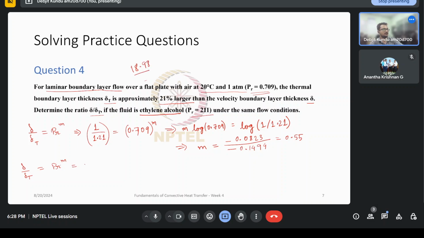We'll take a look at that. So I have 211 to the power 0.55. If it was 0.5, it would be square root, so roughly square root of 200. Yeah, so 18 makes sense. I'll do the calculation once. I have 211 to the power 0.55. Yeah, 18.98. Perfect.